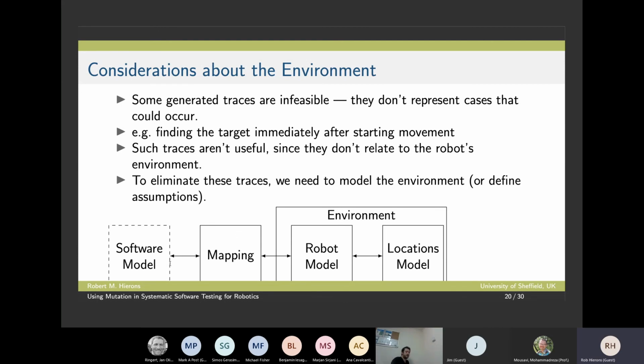And the difference now is that we mutate just the software model. And when we use FDR to compare, we are comparing as a specification, the specification model, the mapping and the environment, with, as a mutant, the mutant model, and the same mapping and environment. And this essentially places a constraint that says that any counterexample must be consistent with the mapping and the environment. So this is how we can ensure that we get realistic counterexamples.